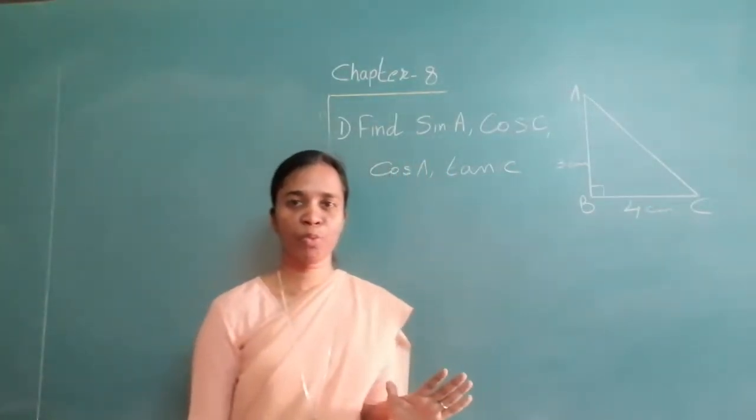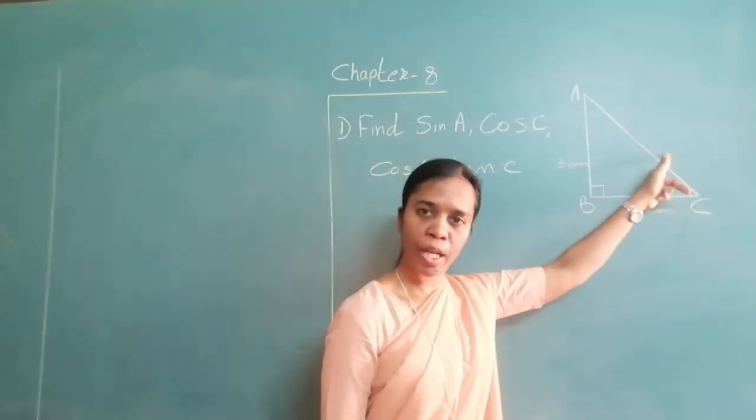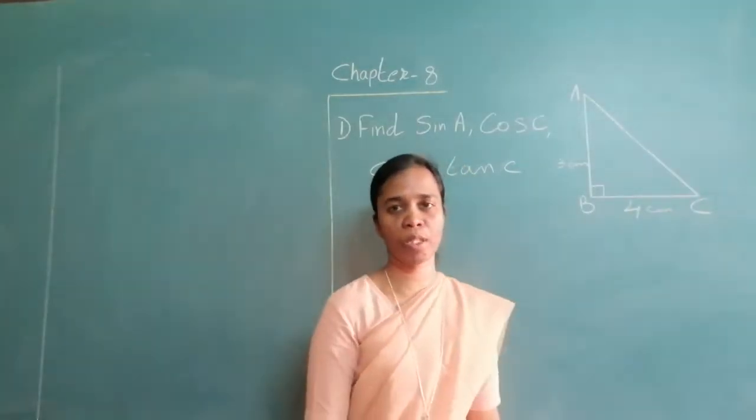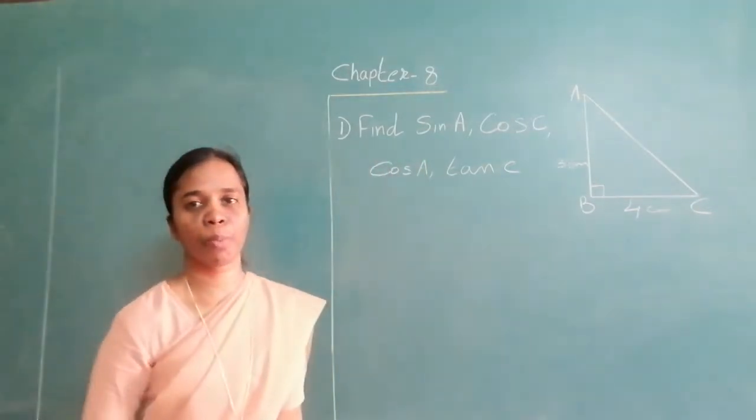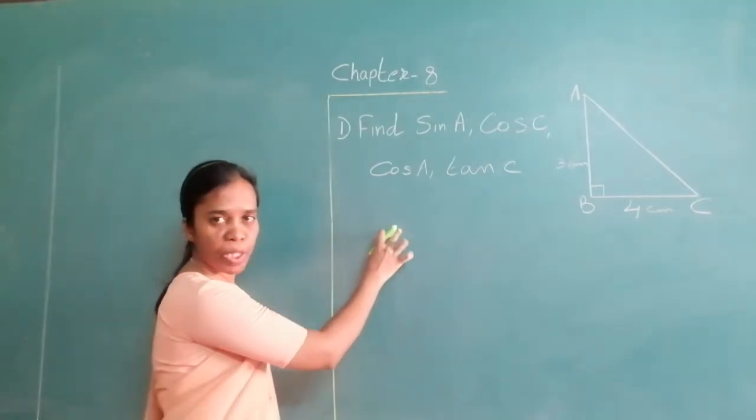So what we have to do first here is find the length of AC, that is the hypotenuse. How do you find the length of the hypotenuse? By using Pythagoras theorem, okay. So you write the statement over here.